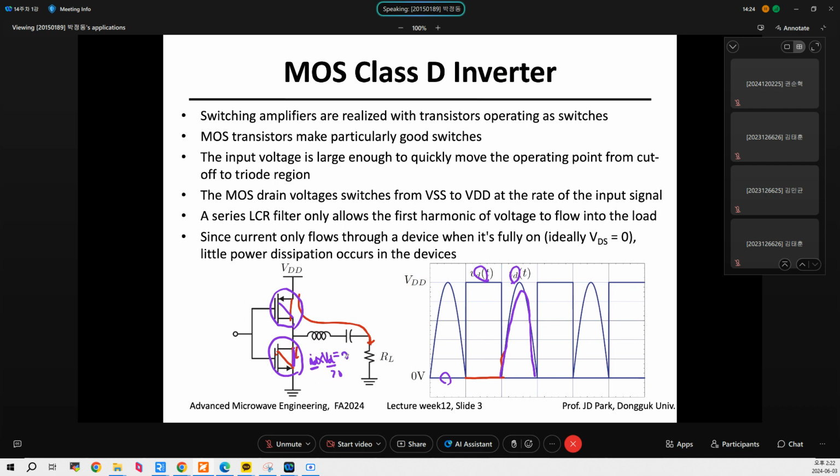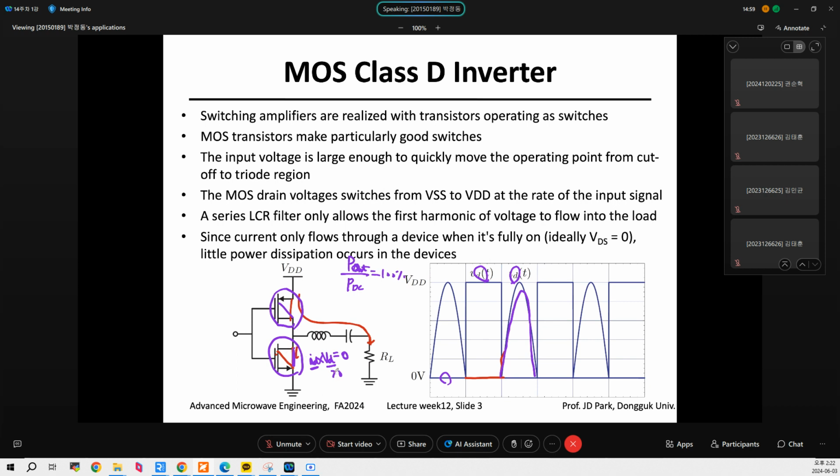Therefore, this is always 0, which means there is no power consumption via the active device, via the switch, which means the efficiency, which is defined as PDC and PD, drain efficiency, P out must be 100% because there is no loss caused by this device.